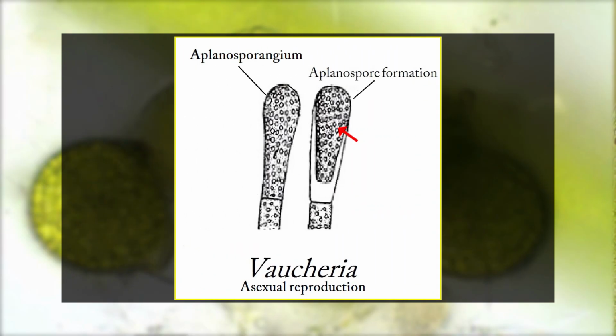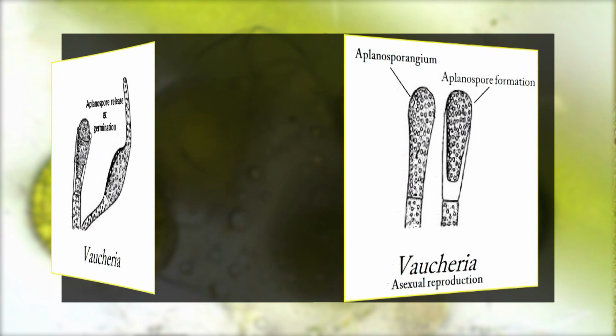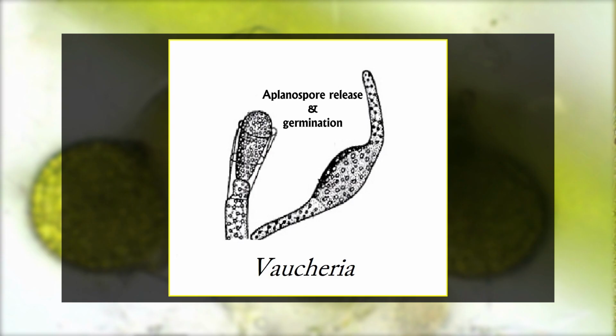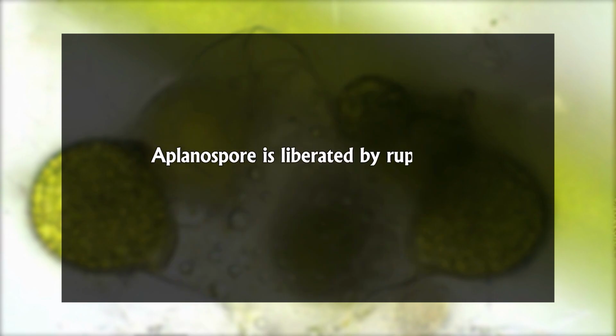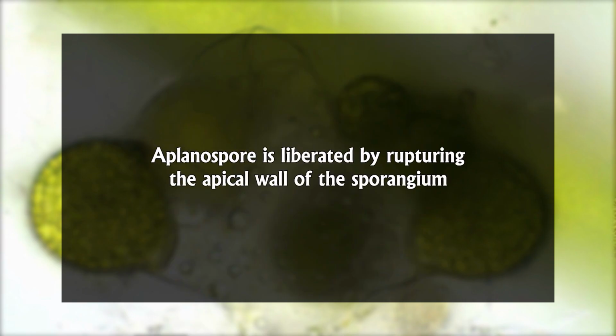Aplanospores are produced by other algae also, but the difference here is that the aplanospores of Vaucheria are multinucleated. The aplanospore is a thin-walled, club-shaped or globose structure. It is liberated by rupturing the apical wall of the sporangium.